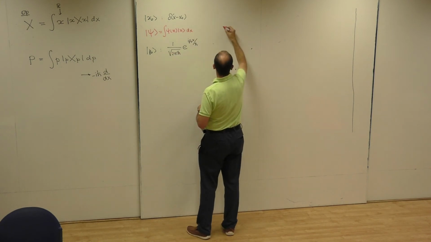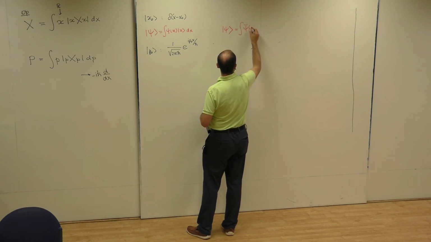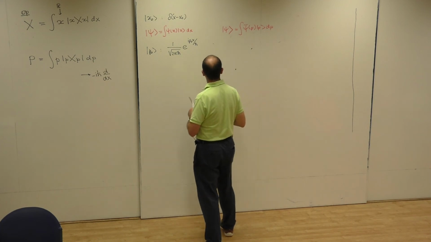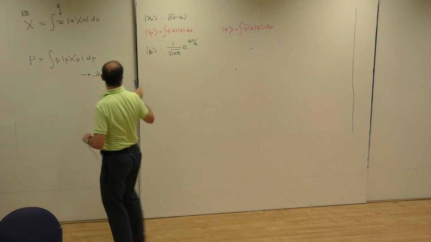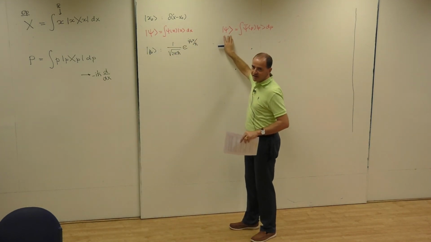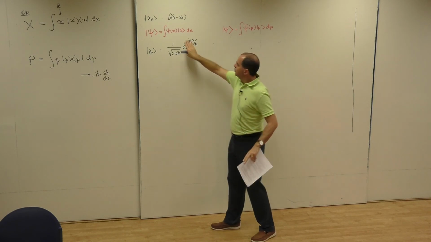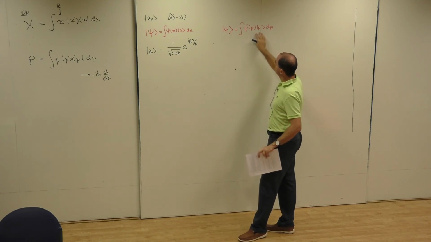But we could have defined the state as a change of basis, integral psi tilde of p |p> dp. It's really a change of basis, huh? Careful. This vector and that vector are the same. I can look at it in the basis of position or in the basis of momentum.